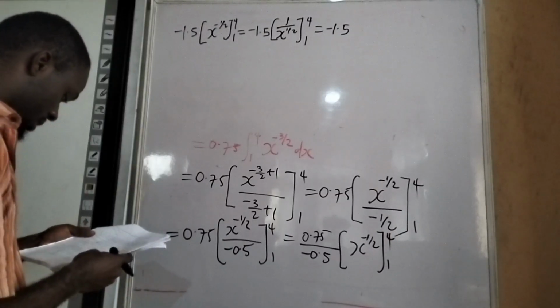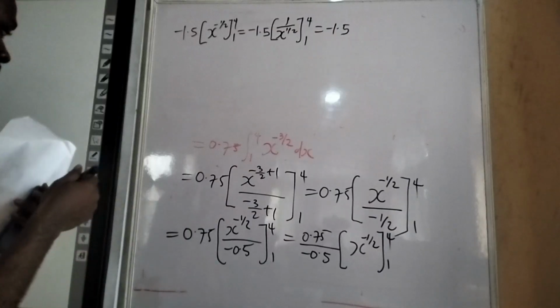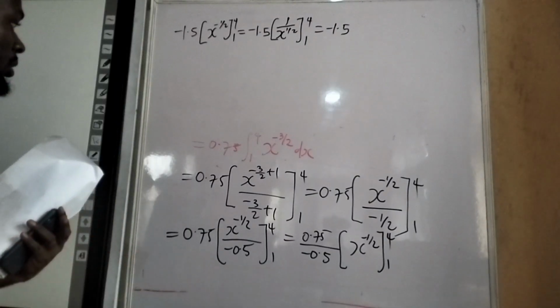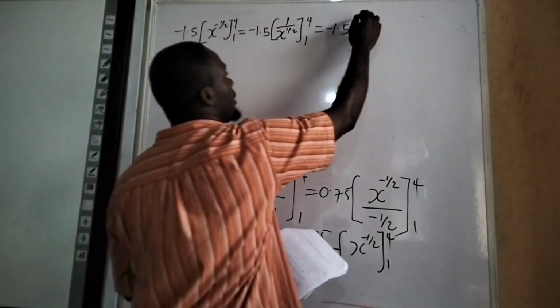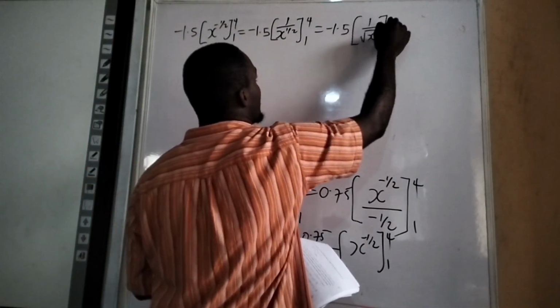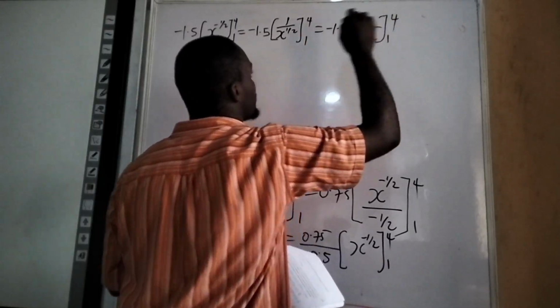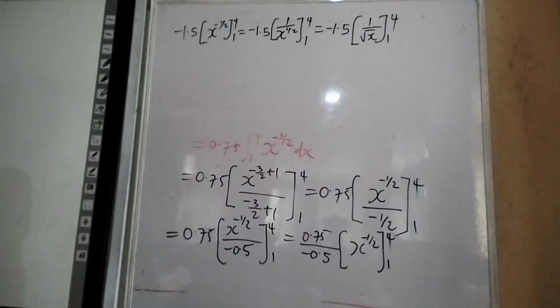Then this means 1 over square root of x, from 1 to 4.